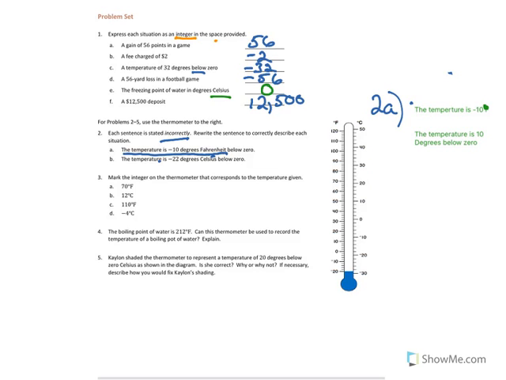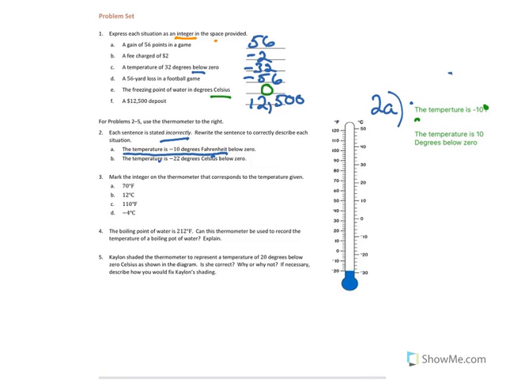The temperature is negative 10 degrees Fahrenheit. If you can't draw the degree sign because we're working on a computer, you can write the word out, just so you know. The bottom one is the same thing because we could also write it as the temperature is 10 degrees below 0. Notice at the bottom one, it's almost like we use the expanded version of it.